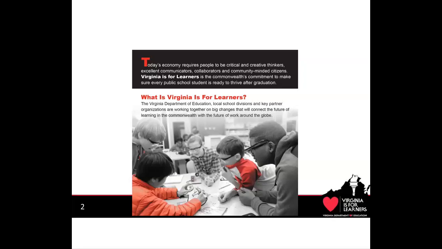So those 5 competencies include communication, collaboration, critical and creative thinking, and to be community-minded citizens. Those are the critical 5 components, or what we call in Virginia the 5 C's, that every student must possess in order to be successful in life after graduation. And we call that the Virginians for Learners campaign.